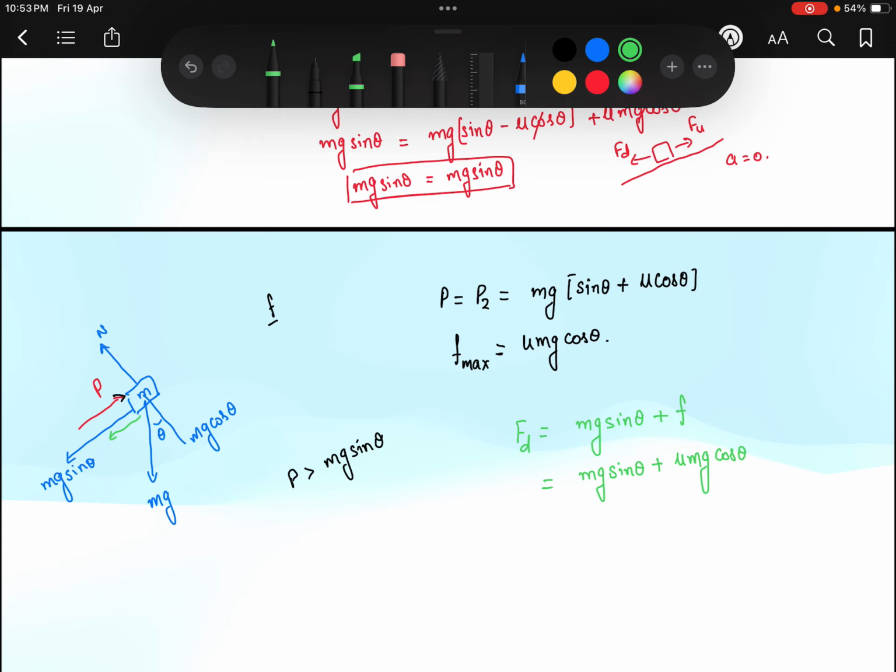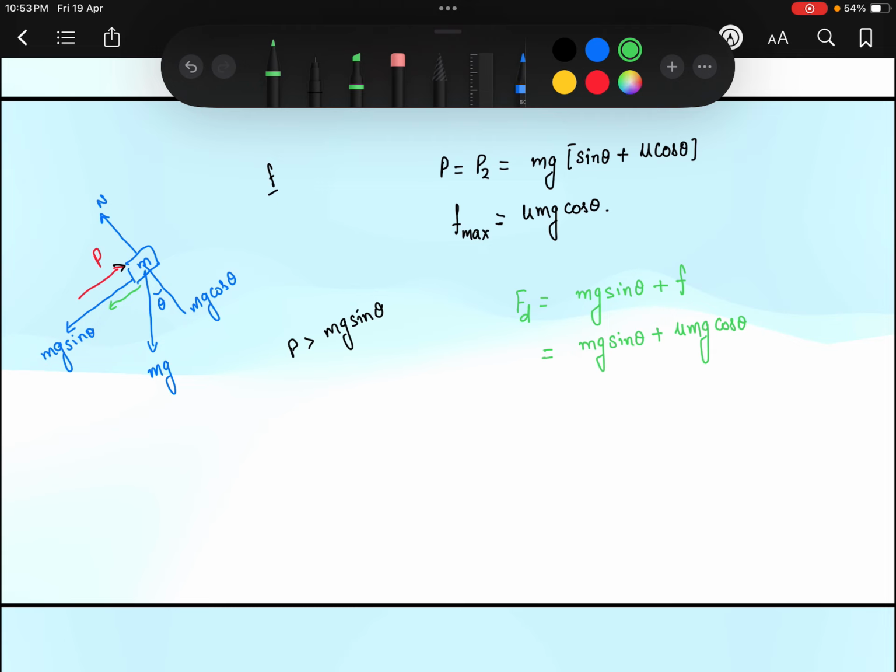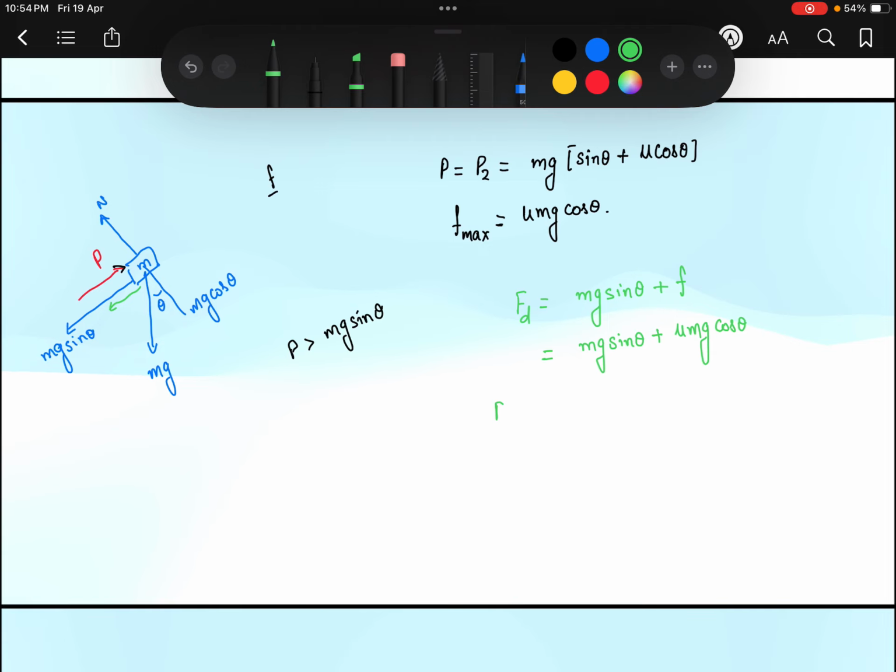Okay, now let us suppose this F upward force is equal to P, that is equal to P2, which is given as mg sin theta plus mu cos theta.